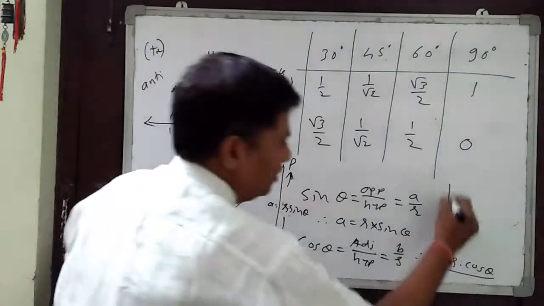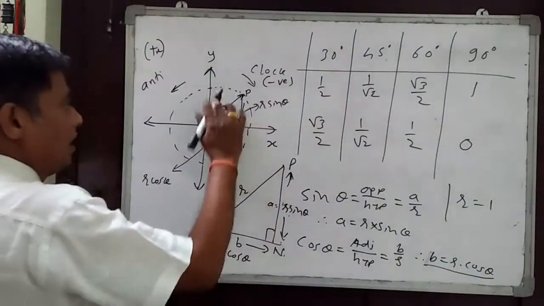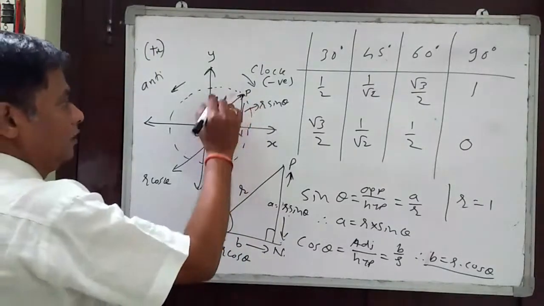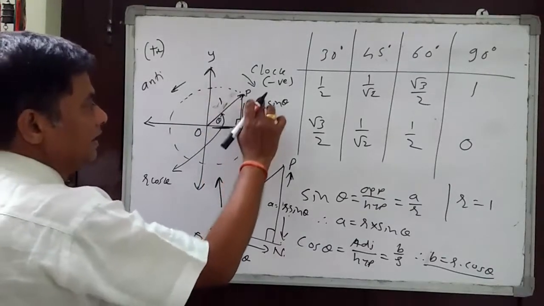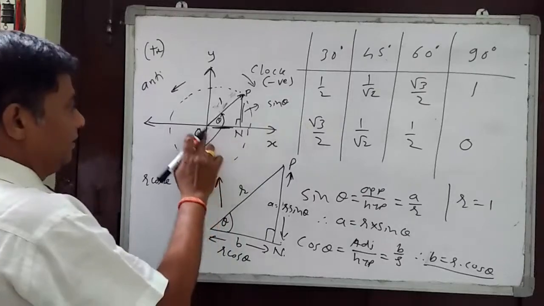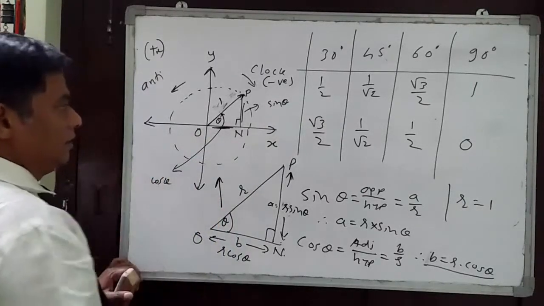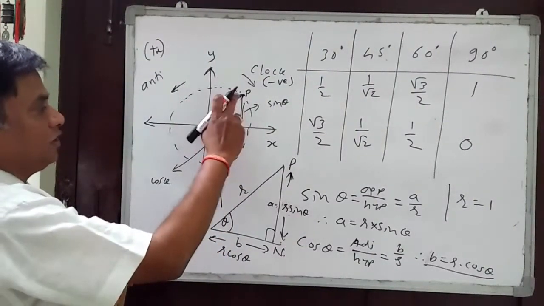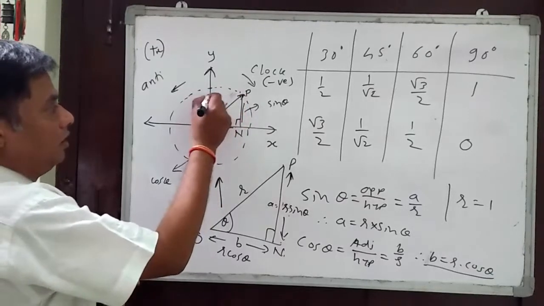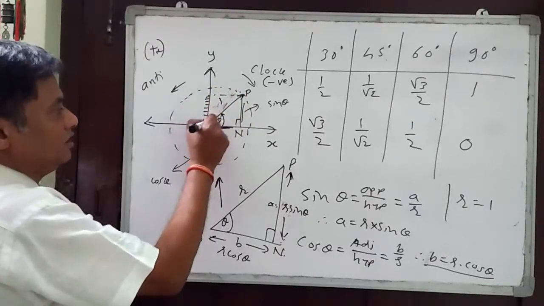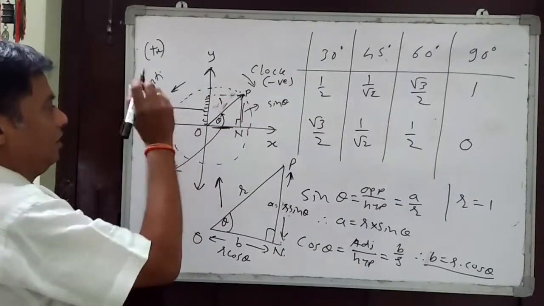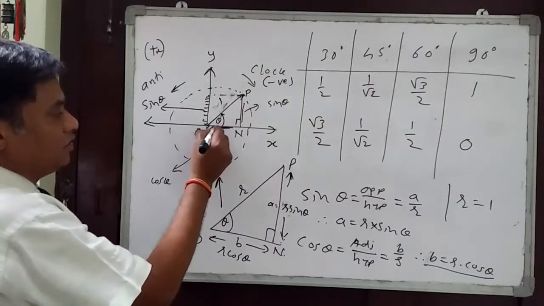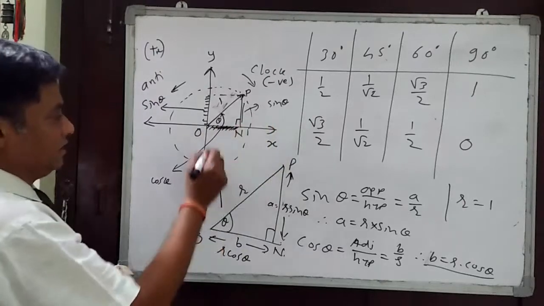Now if I imagine r is equal to 1, the length of OP is 1. So this length, that is PN, will be 1 sin theta and ON will be 1 cos theta. So sin theta is nothing but the projection or the shadow of OP on the y-axis, if the OP length is 1 unit, whereas ON is the shadow of OP on the x-axis.